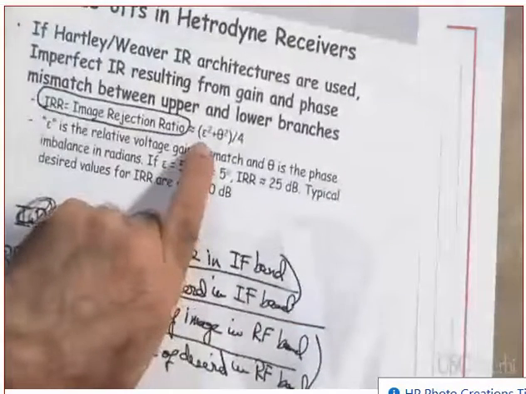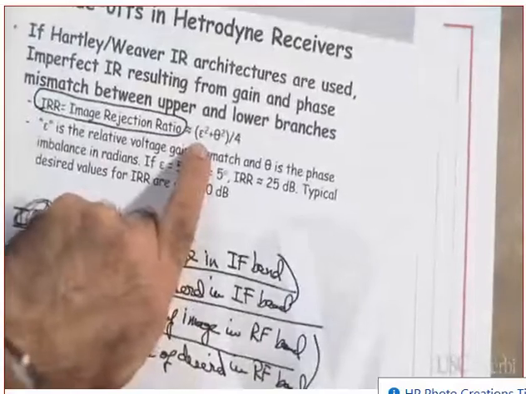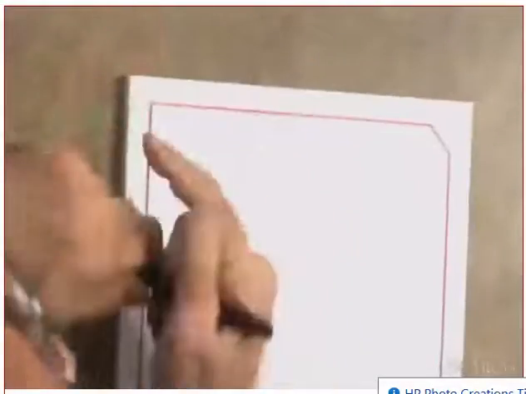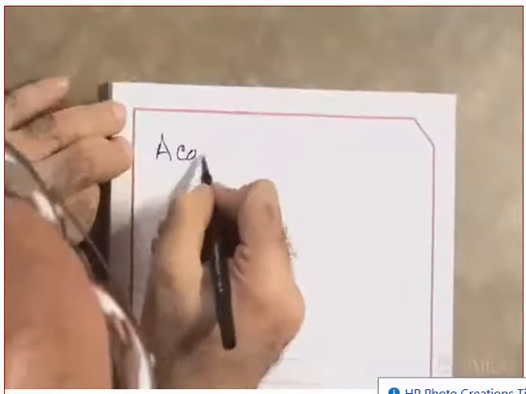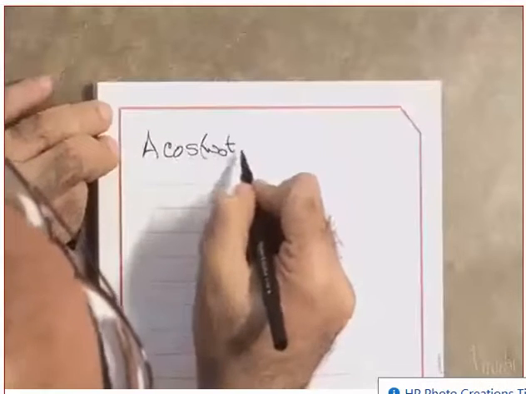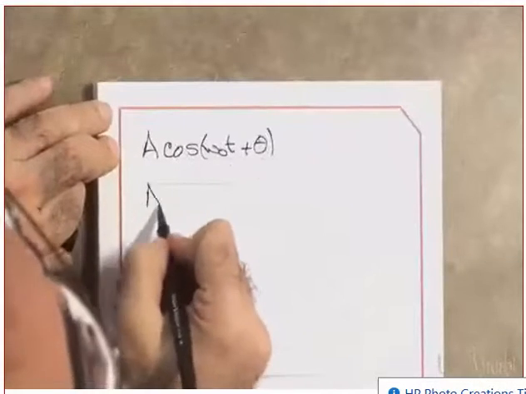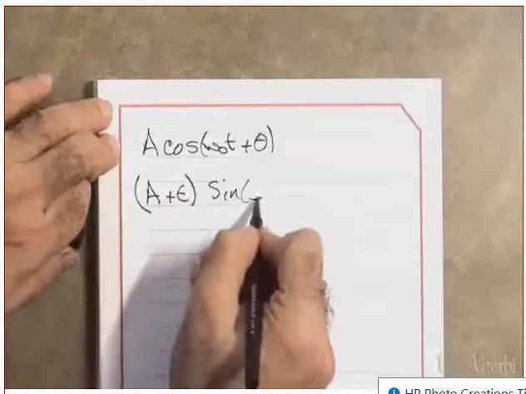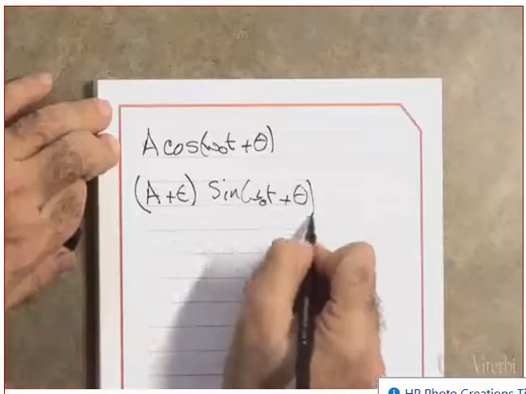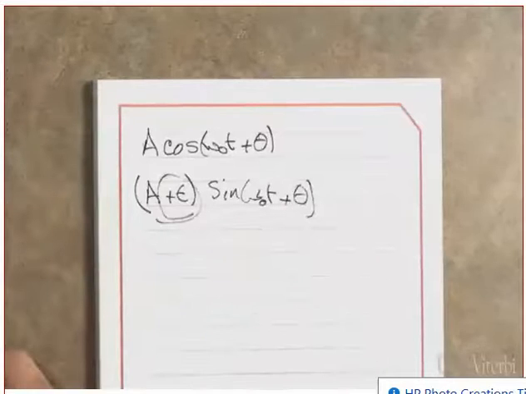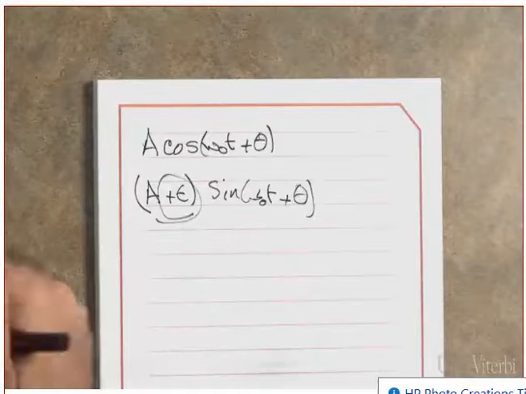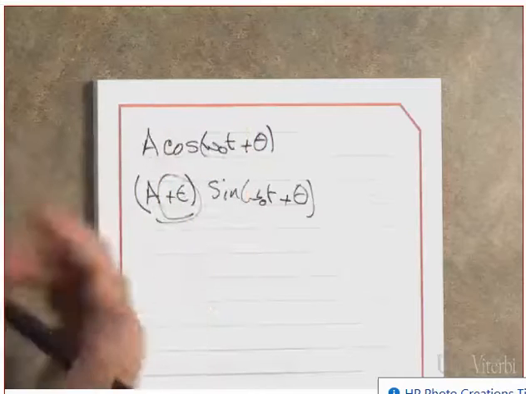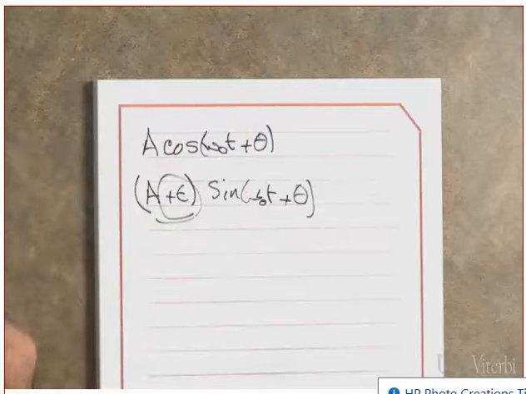In other words, could one of them have 1 plus epsilon, and the other one is this? Did you get it or not? We have what is known as amplitude error, because the IQ are not balanced, are not matched.